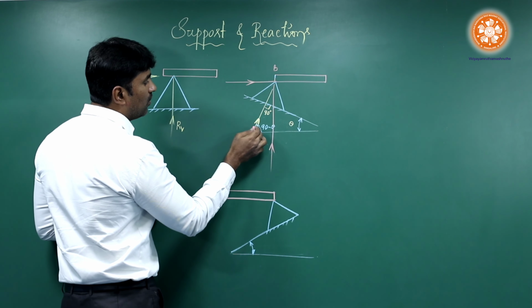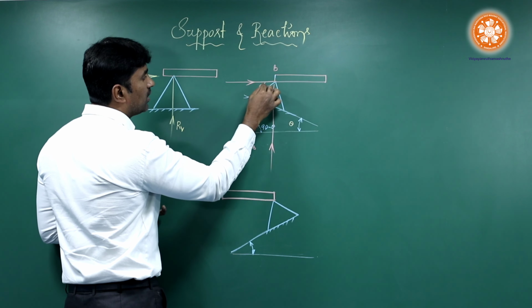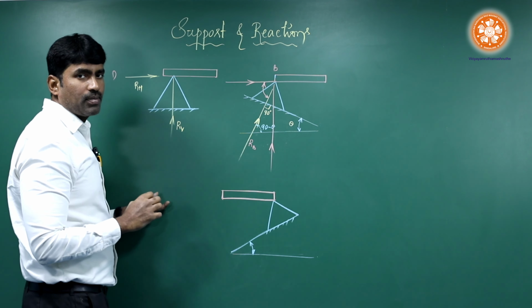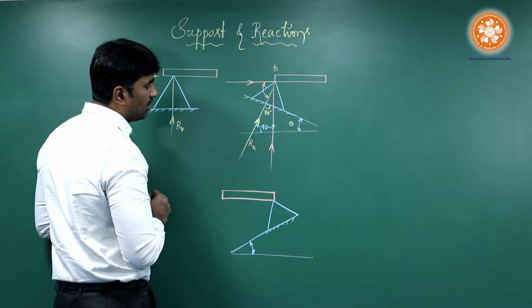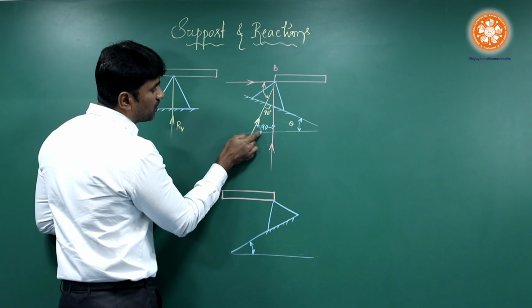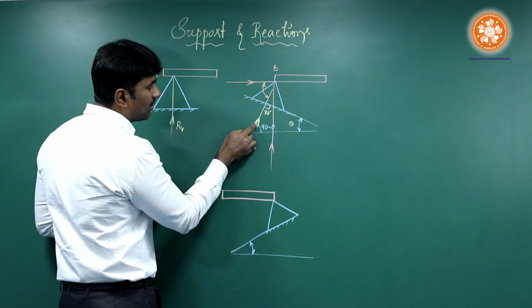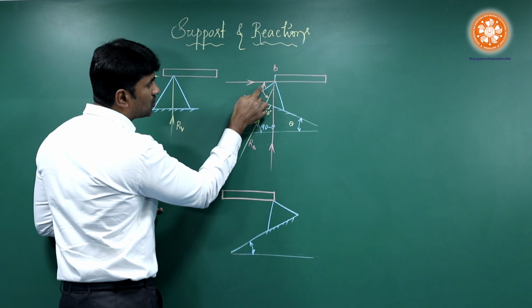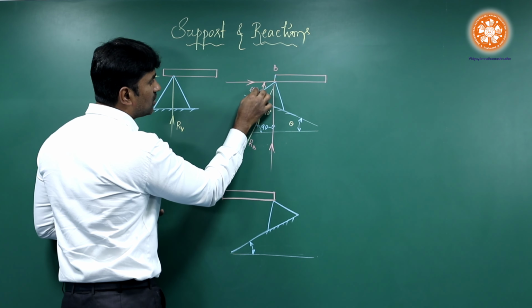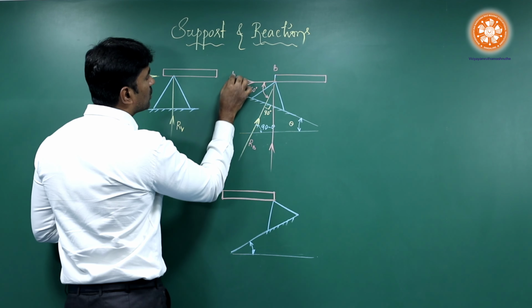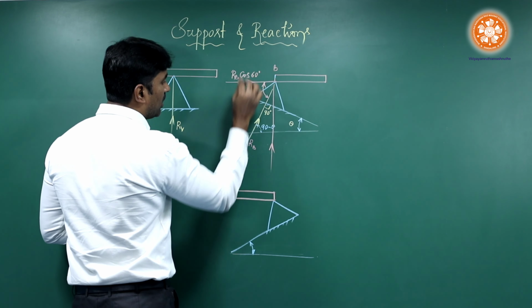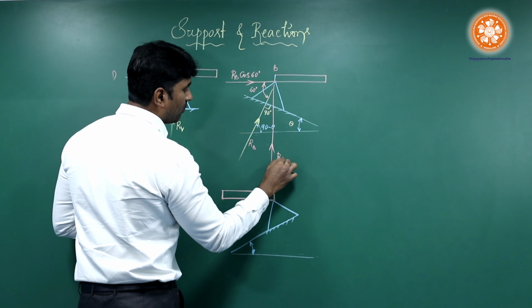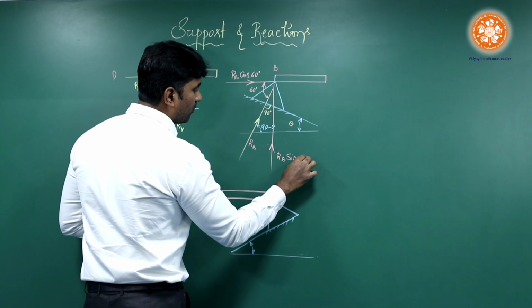Proceeding further, we know when we resolve the inclined forces, we have a cos component and a sine component. Now, the most important thing here is the angle measured with respect to horizontal to incline, that is 60 degrees. So, resolving, we have RB cos 60 degrees and RB sin 60 degrees.